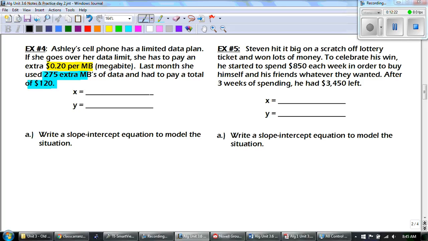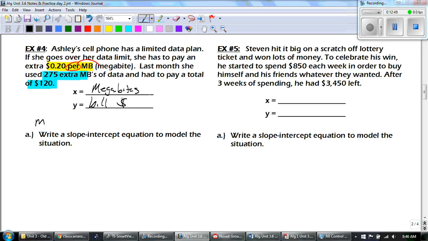So we know that x, because here's our x, are the megabytes. And then what we're trying to find is the cost of the bill. Okay, it's how much money it is. So write a slope-intercept form to model this situation.